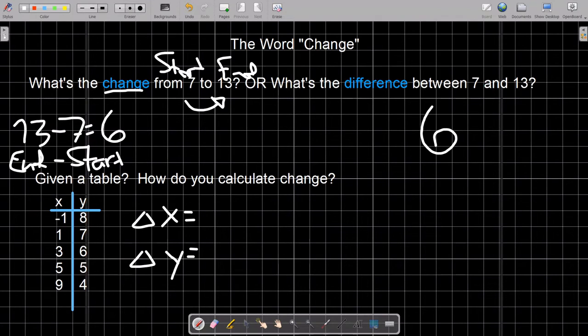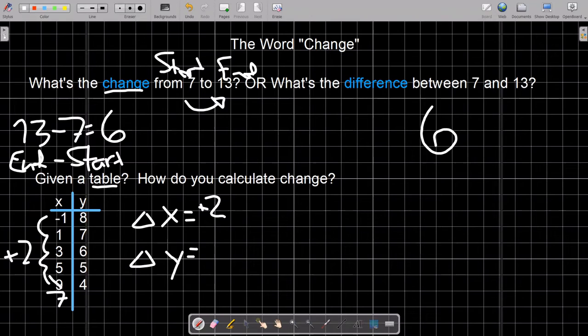So given a table like we have in the assignment, how would you calculate change? Well, I've just looked here and said the x's are going -1, 1, 3, 7. Oh, that should have been 5. My bad. So all of these are increasing by 2. Our change in x is positive 2.